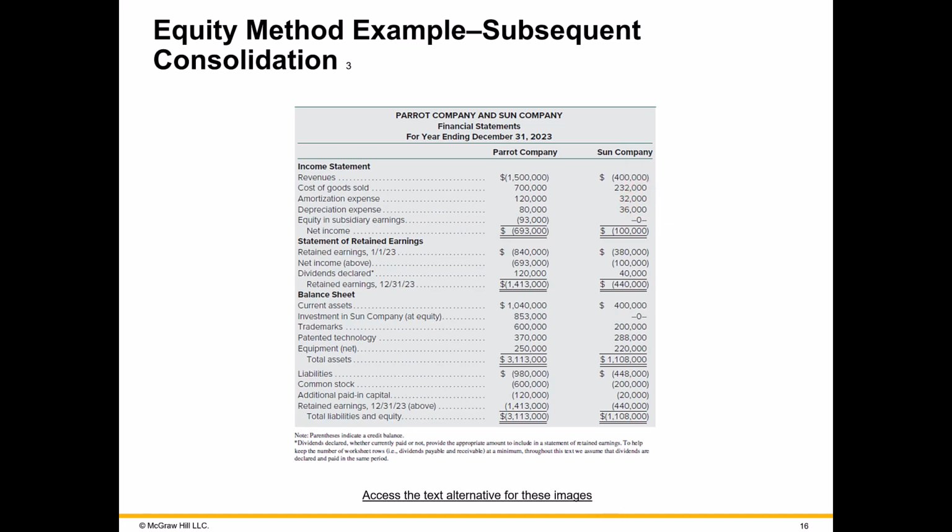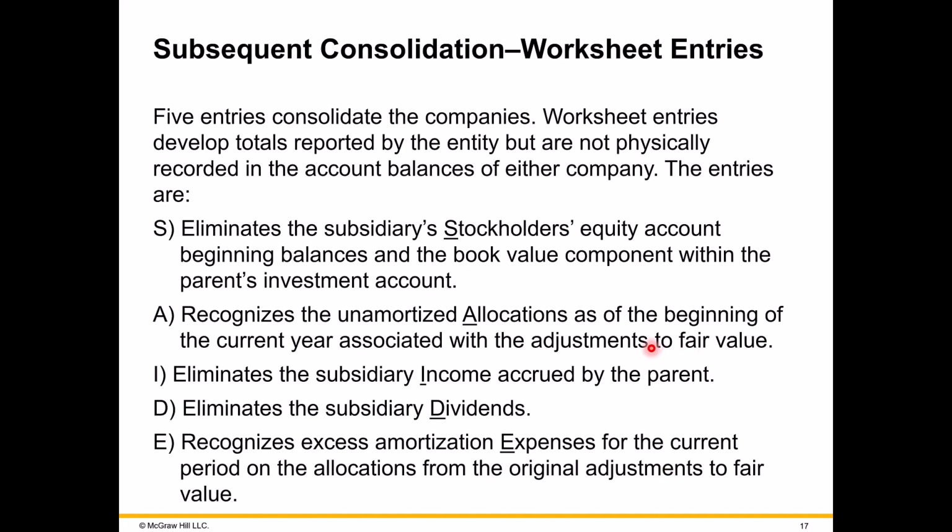Okay, so that's adjustment I, getting rid of the income, net income of the sub. And then you're going to get rid of the dividend. The dividend is basically just moving money from the sub to the parent. And you shouldn't recognize any income. Likewise, you shouldn't recognize any reduction when you receive the dividend.